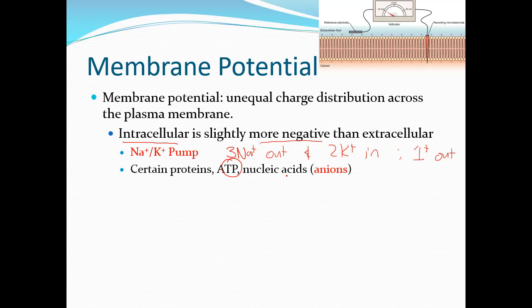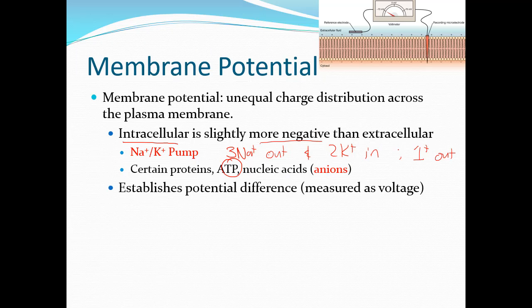And because of all those ATP and DNA and RNA and also other proteins, that will end up causing the cell inside to be slightly negative. And because of these things, this is going to cause this membrane potential to be slightly negative on the inside.